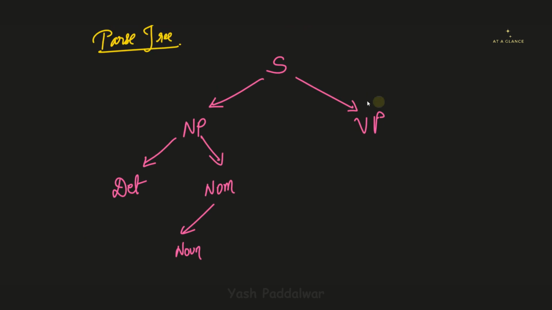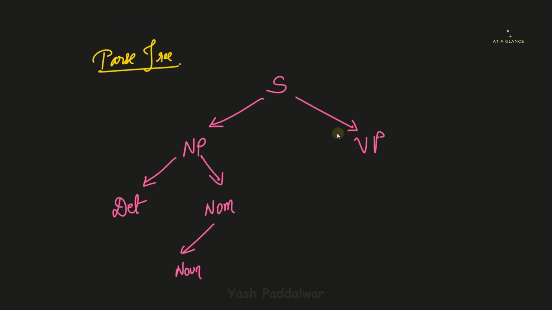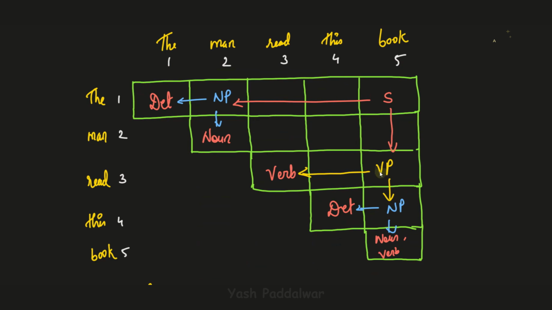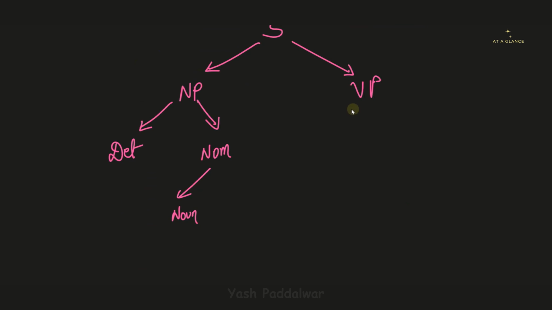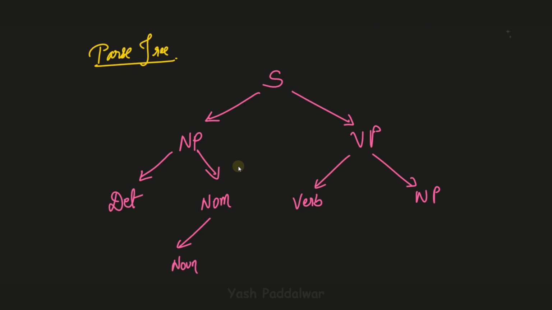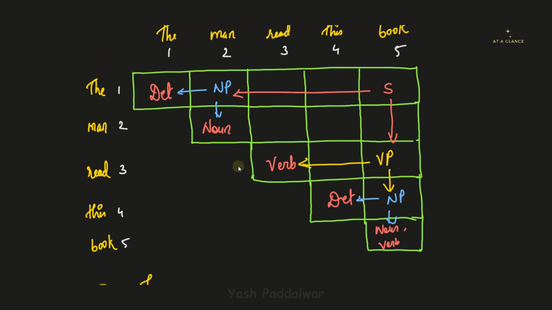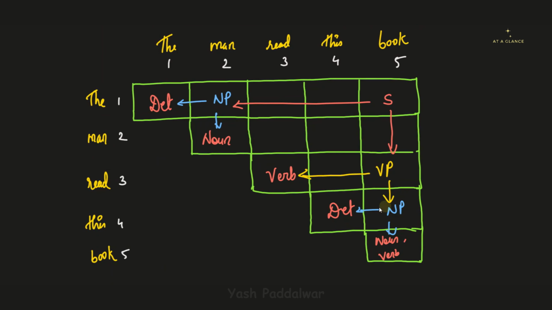Now we'll move to VP, that is the verb phrase part. So over here inside this particular table, here verb phrase is comprising of verb as well as noun phrase. So let's do that. So let's write verb and noun phrase, that is NP. And now we know that inside this particular table, NP is comprising of determiner and noun.